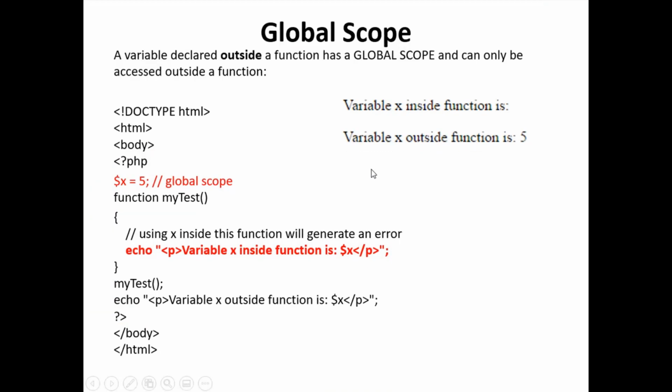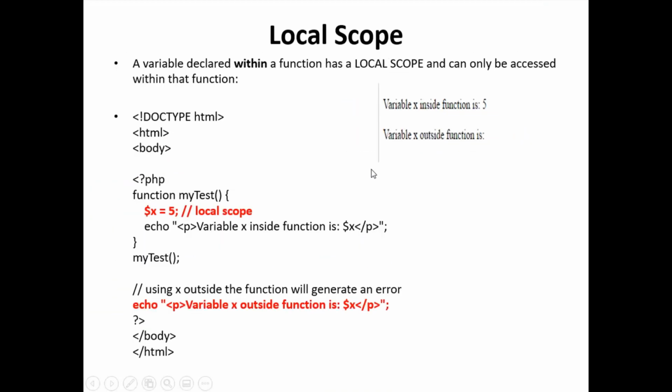Moving ahead, we have local scope. A variable declared within a function has a local scope and can only be accessed within that particular function. So if you declare a variable inside a function, it has a local scope.